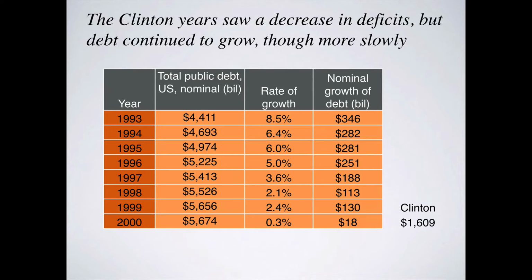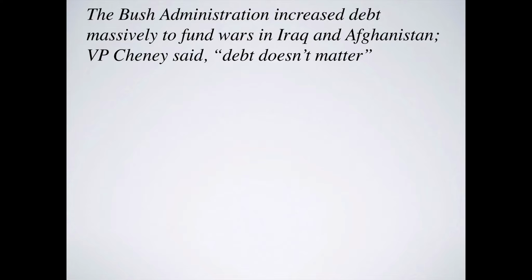So they were running a small surplus, but they were still rolling over the debt, that is, issuing more bonds in order to pay for the interest on previous bonds. The total public debt at the time stood at 5.6 trillion. So it had expanded during this time, but certainly less as a percentage, about the same amount as under the Reagan years.